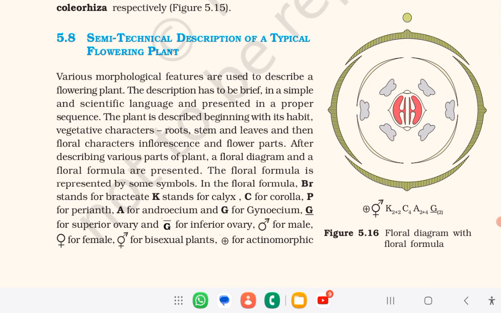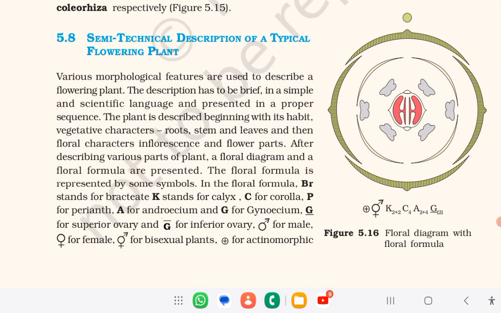The plant is described beginning with its habit, vegetative characters, root, stem, and leaves, and then floral characters, inflorescence, and flower parts. After describing various parts of the plant, a floral diagram and a floral formula are presented.